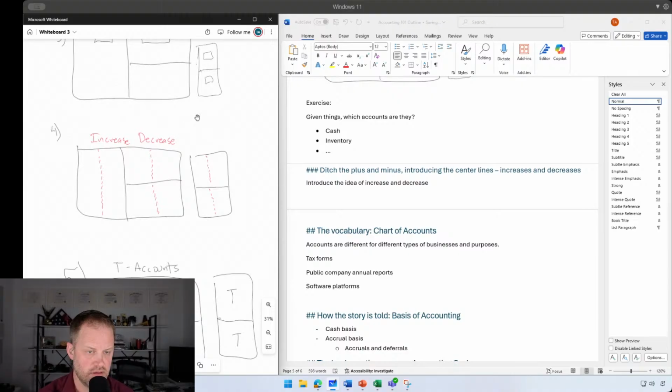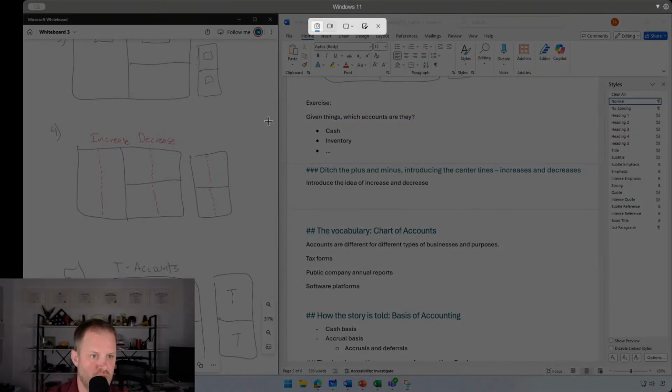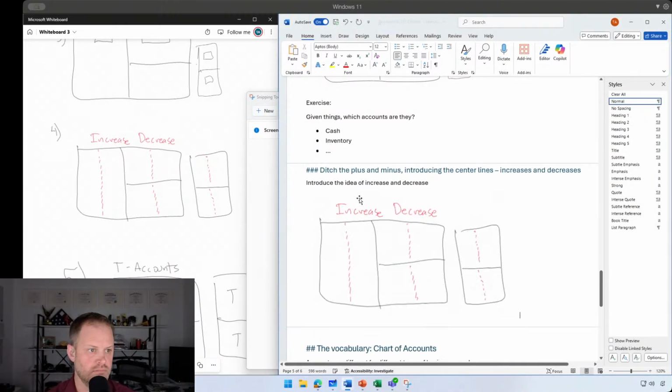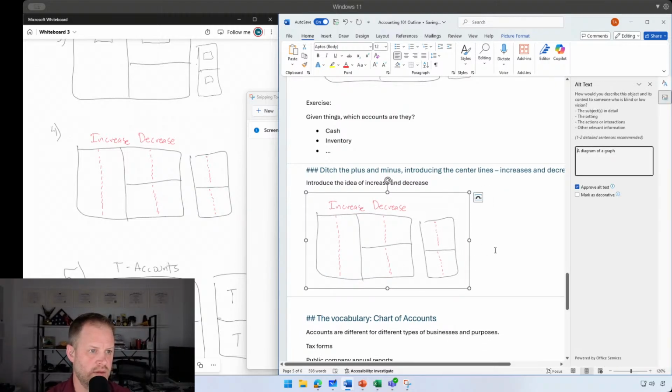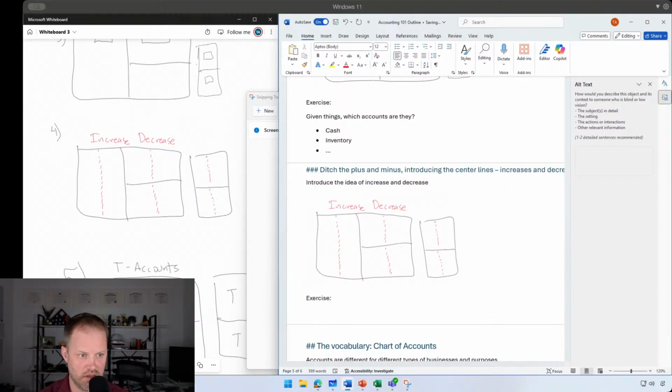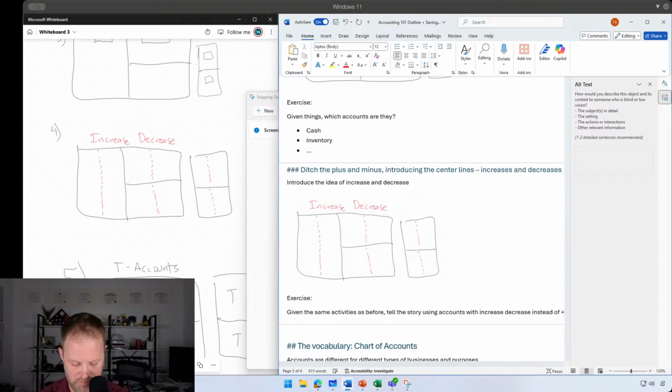This picture should have accounts. So then, all right, given the same activities as before, tell the story using accounts with increase, decrease instead of plus or minus.